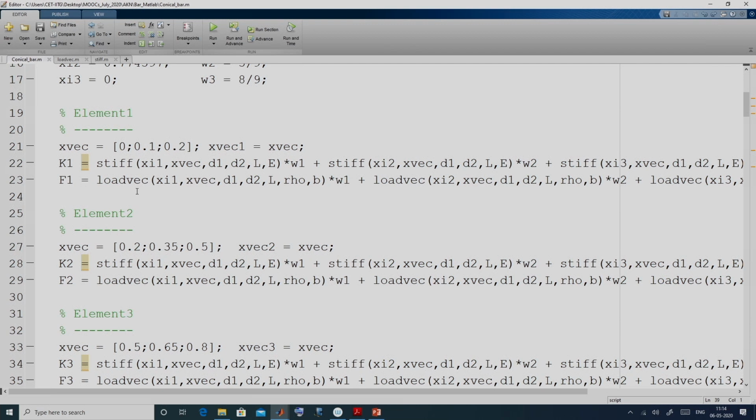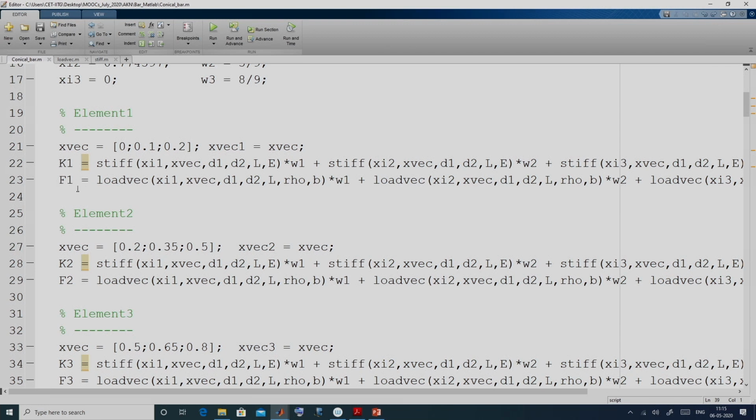We use Gaussian quadrature, we get the integrand value at Gauss point xi1 and multiply it with w1. Similarly, at other Gauss points, and finally we do the summation in Gaussian quadrature to calculate that first part of the load vector.